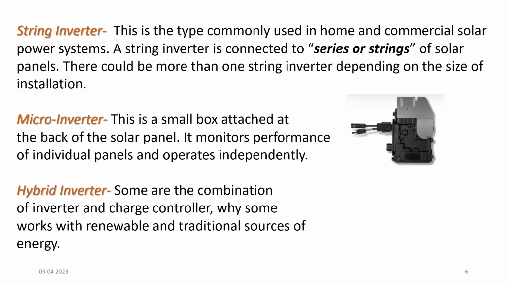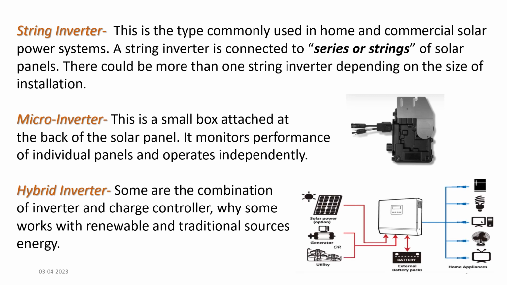Then the gen will come on automatically to produce the 2 extra kilowatts needed for your consumption. So that's how it works, and those are the two types of hybrid inverter. One is a hybrid that has an inbuilt charge controller, and the other works with both renewable and traditional sources of energy.